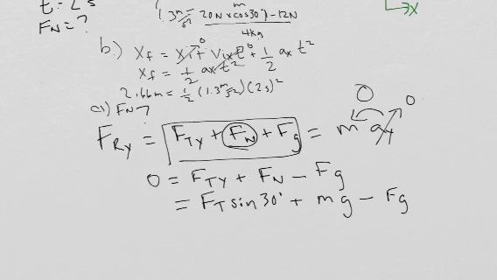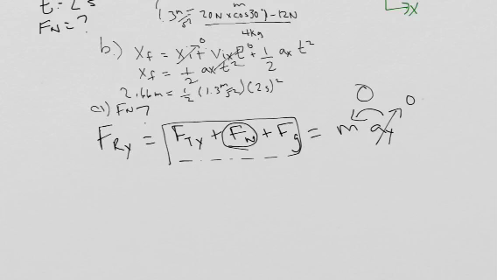Now I'm isolating my Fn. So this guy over here needs to be brought over. We basically do what we had done above. We end up with Fn being equal to mg. We subtract the actual Ft sine theta, because we're trying to isolate this guy, right?